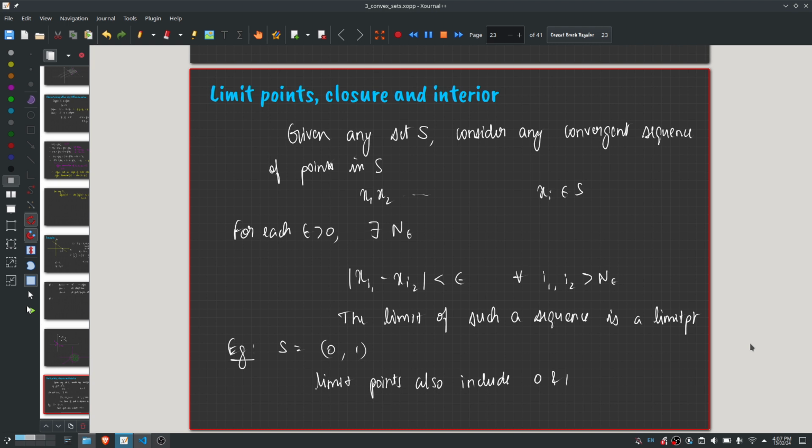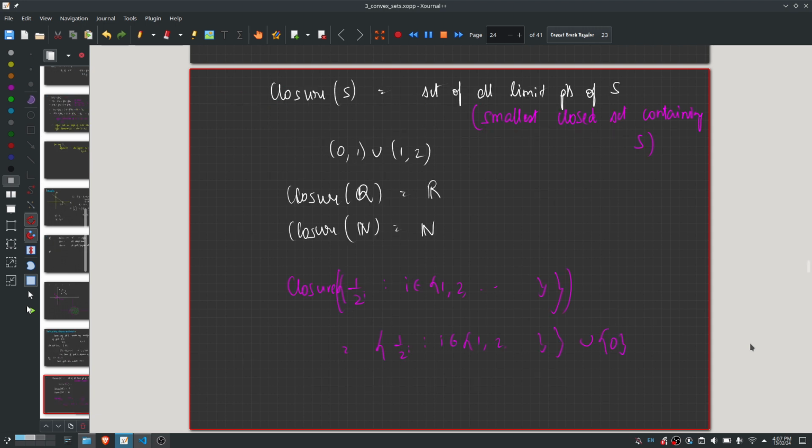But then the set of all limit points is equal to the set itself if the set is closed. Okay, and the closure is defined as the set of all possible limit points of a given set. And it turns out that the closure is just the smallest closed set containing S.